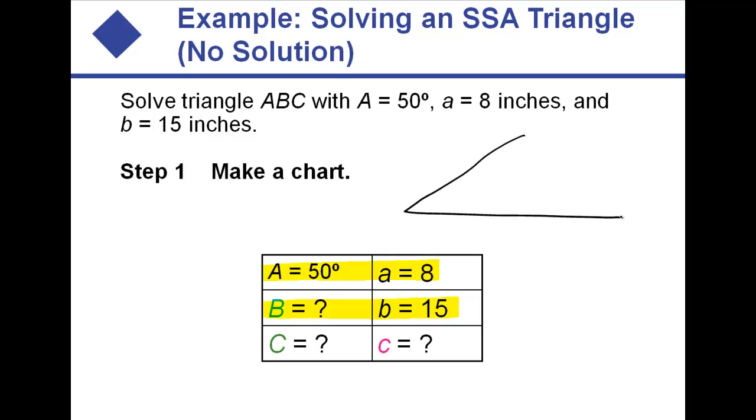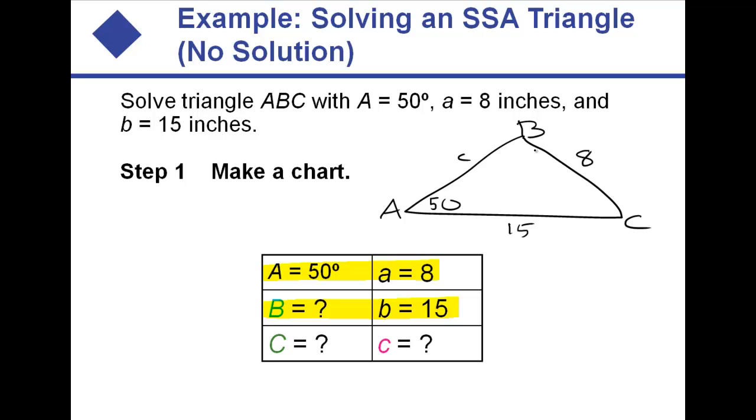Draw your picture. Doesn't matter what it looks like. A, B, C. They give us this is 50 degrees. This is an 8. B is 15. Right? C we don't know.